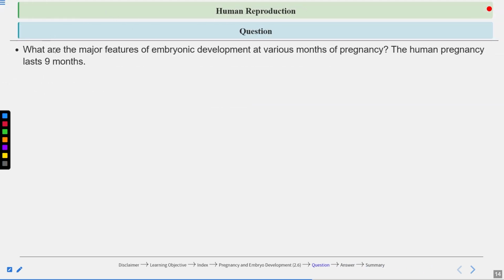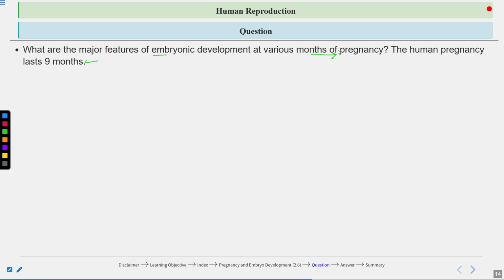Now, there is a question here. What are the major features of embryonic development at various months of the pregnancy? Now, the human pregnancy lasts for 9 months. So, the gestation period or pregnancy in the human female goes for 9 months. They are asking what are the major features of embryonic development at various months of the pregnancy.